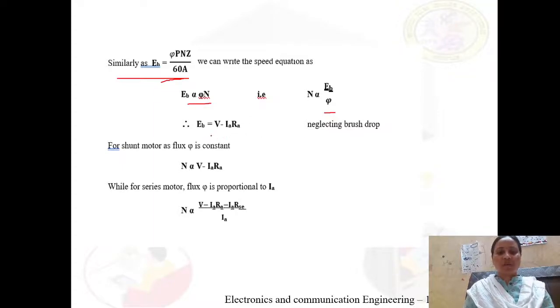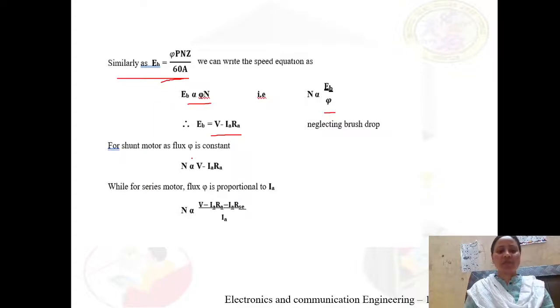So we can write the expression for back EMF from the voltage expression for the motor as EB is equal to V minus IA into RA, because we know that the voltage expression for the motor is V is equal to EB plus IA RA.